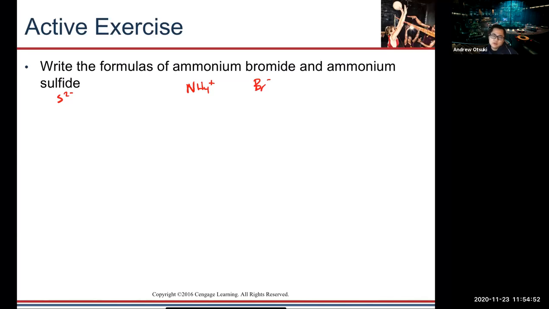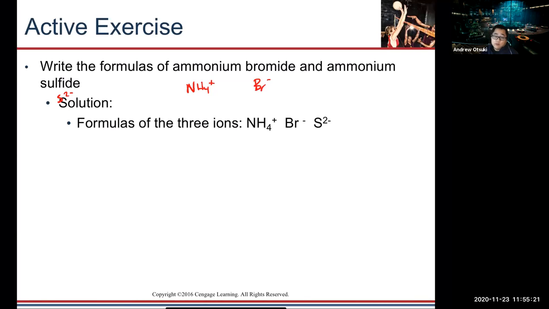So to balance out the charge, we need to include 2 ammonium ions in the chemical formula. So it's going to be NH4 in parentheses, subscript 2, S. So when you're writing these numbers, always write them as subscripts. Do not write them as coefficients in front of the symbol. Write them as subscripts. Okay.